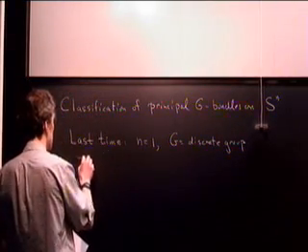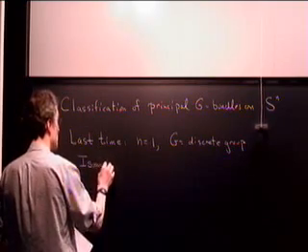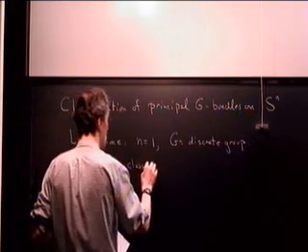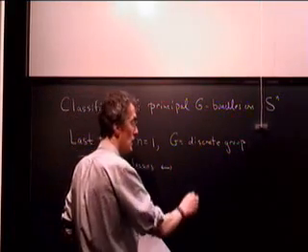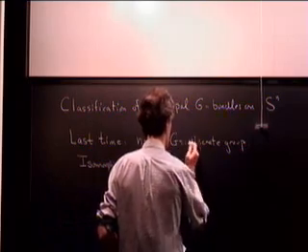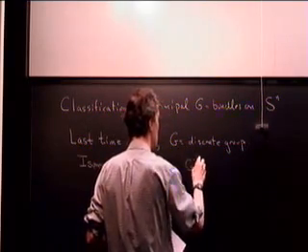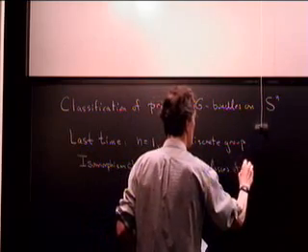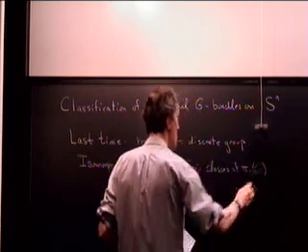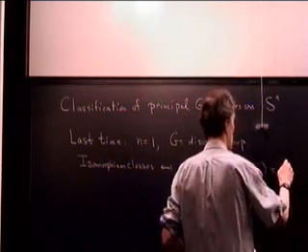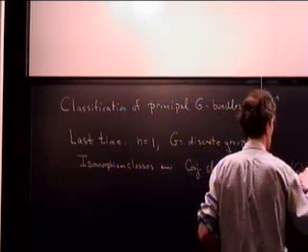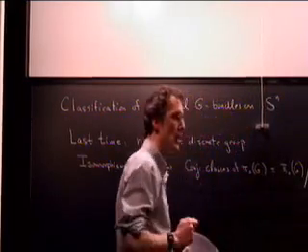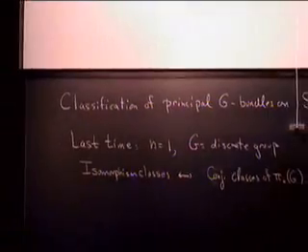The answer was that isomorphism classes were in one-to-one correspondence with conjugacy classes of pi naught of G. In other words, pi naught of G divided by pi naught of G, where when I divide, I act by the conjugation action.